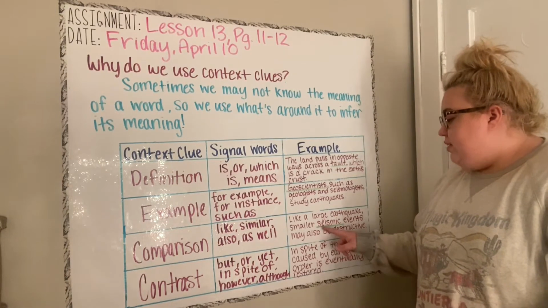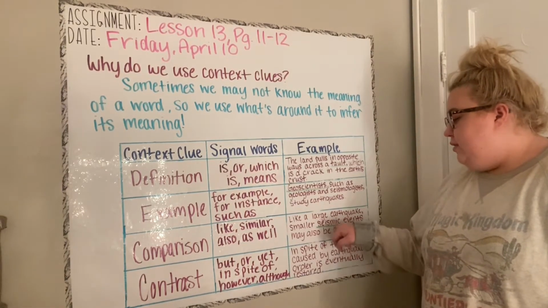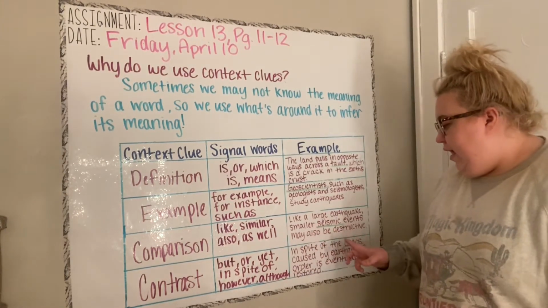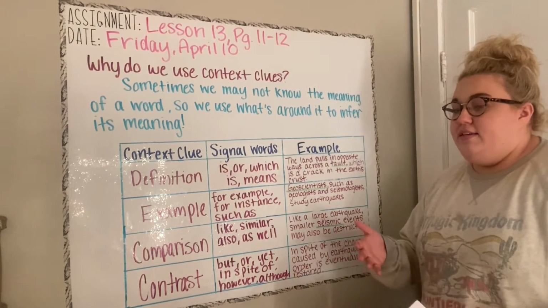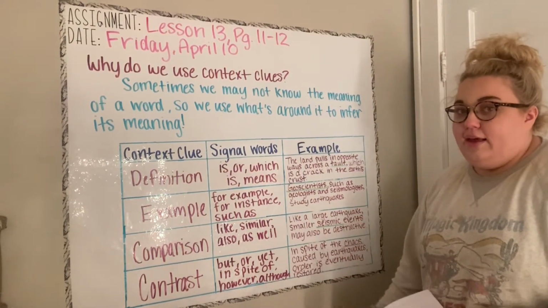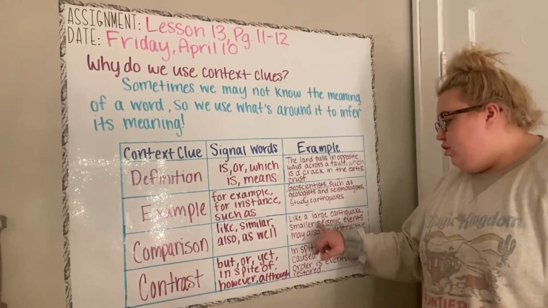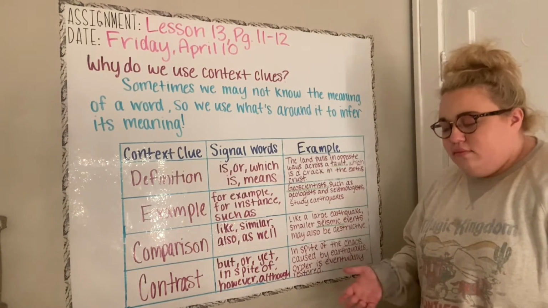So we know that a seismic event is similar to a large earthquake. We can tell that it's obviously smaller because it says smaller seismic event, but it's similar to an earthquake. So a seismic event is in some way like an earthquake. It probably shakes the earth, that type of thing. It's just smaller than an earthquake, and we know that it's also destructive.